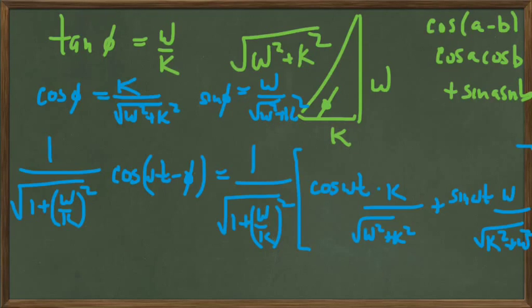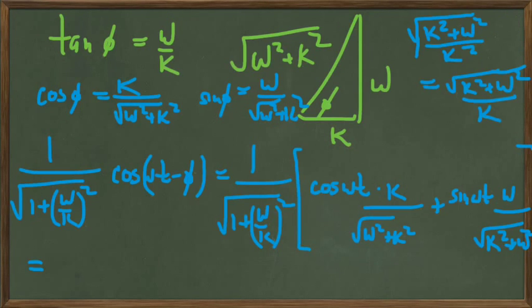If we distribute, all right, let's just do one more rewrite. This 1 over 1 plus omega over k squared, if we do a little bit of algebra, look at this algebra up here in the corner, get a common denominator in that radical, and it becomes this out front: 1 over square root of k squared plus omega squared divided by k.